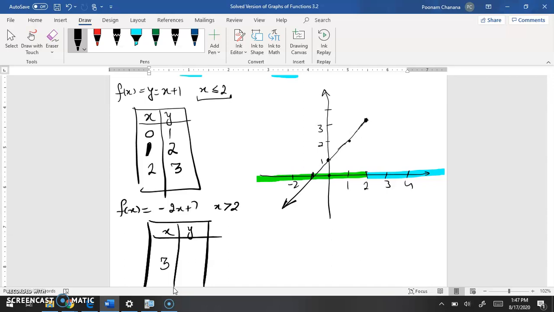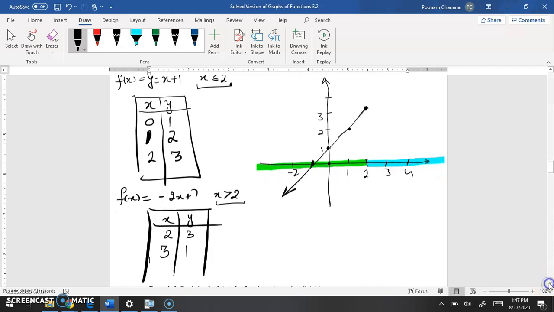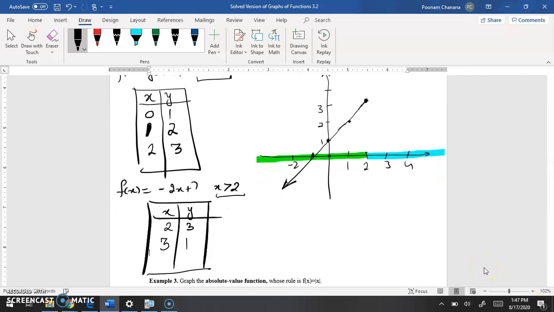If you take x value 3, that will be negative 6 plus 7, that is 1. But I want to know what happens at 2. I know we cannot take 2 because there is no equality sign, I'll tell you in a second. Negative 2 times 2 plus 7 gives me 3. And one more value, say at 4: negative 4 times 2 is negative 8 plus 7, that's negative 1.